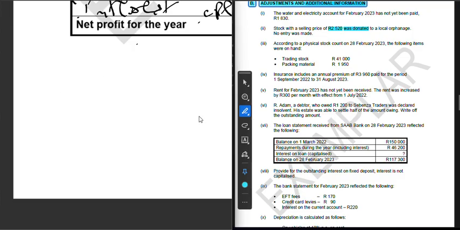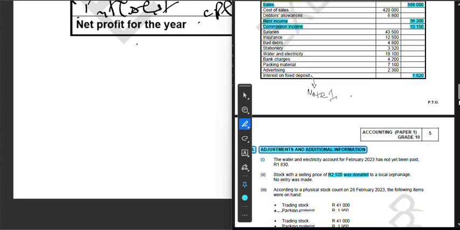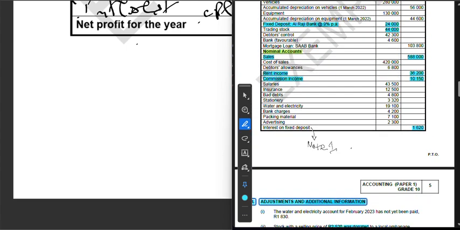They say here that the rent, ladies and gentlemen, was increased. When was it increased? July. So we need to calculate how much was increased in July. Now, when you look at the information here for rent, look at the rent income, ladies and gentlemen. How much is the rent income? That is 36,200. So we're going to come here and write our calculation. This is the calculation for what? For rent income.